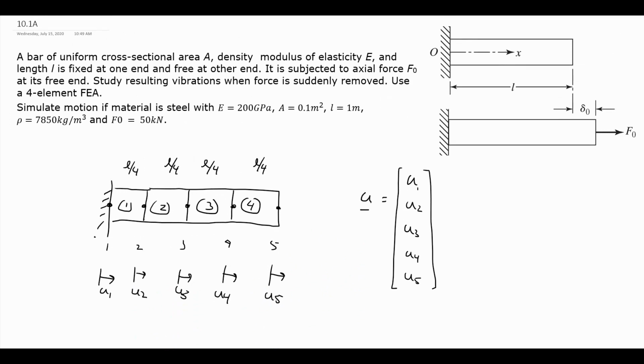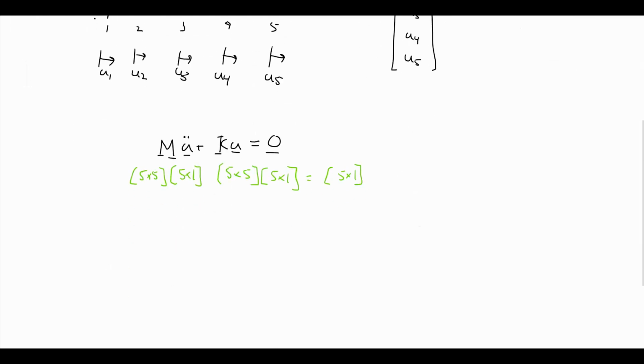So we want to study the resulting vibrations, so we want to find U of t, which we're going to get through a principal coordinate analysis. And also in this one, let's look at the natural frequencies we have, since we know what they are supposed to be. And before we get into the MATLAB though, the local mass matrix, because this is an axial problem, we know that we want to use here that for each element, we can calculate it by rho AL over 6 times this 2, 1, 1, 2 matrix.